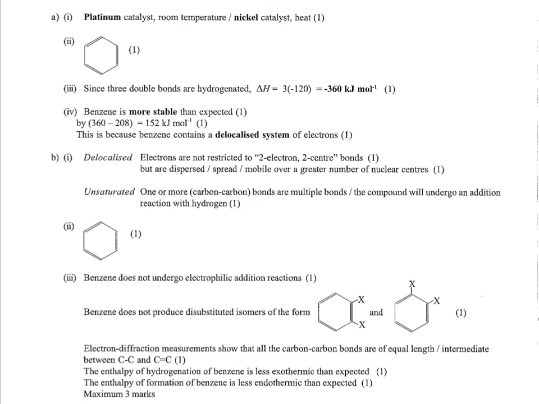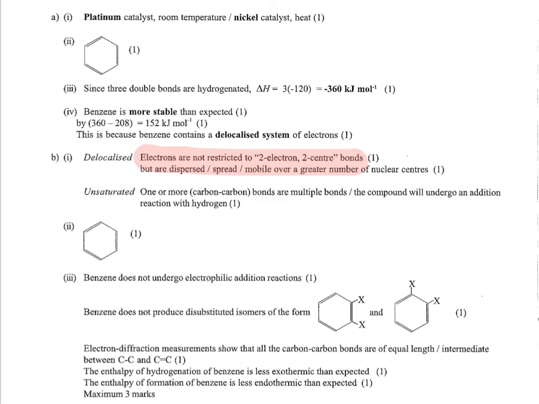The rest of it is pretty much what we've just talked about. This part here, a 2-electron 2-center bond, all they mean by that is really this: atom A, atom B, like that.